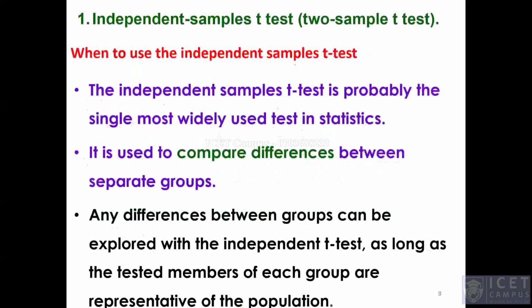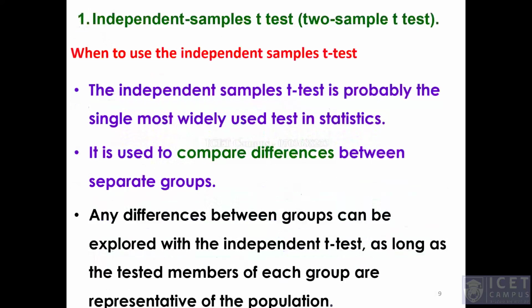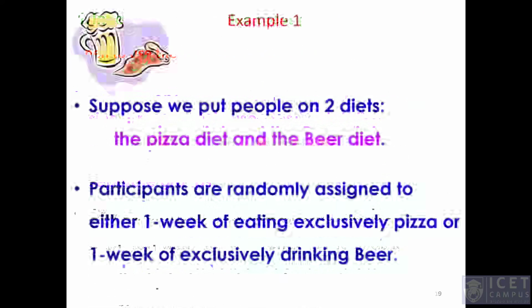Right, now the independent sample t-test. I explain where to use it. There is an example, right? Suppose we put people on two diets, the pizza diet and the beer diet. These are the two different diets.